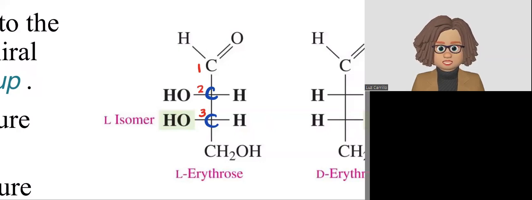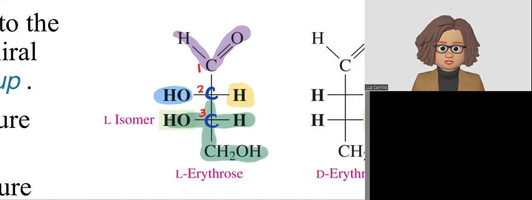I'm going to use my highlighter tool to illustrate the groups that are there. So this will be group number 1. This is group number 2. This is group number 3. Lastly, this whole thing is group number 4. That's why carbon 2 is chiral. So I can put an asterisk next to it to determine that it is a chiral center.